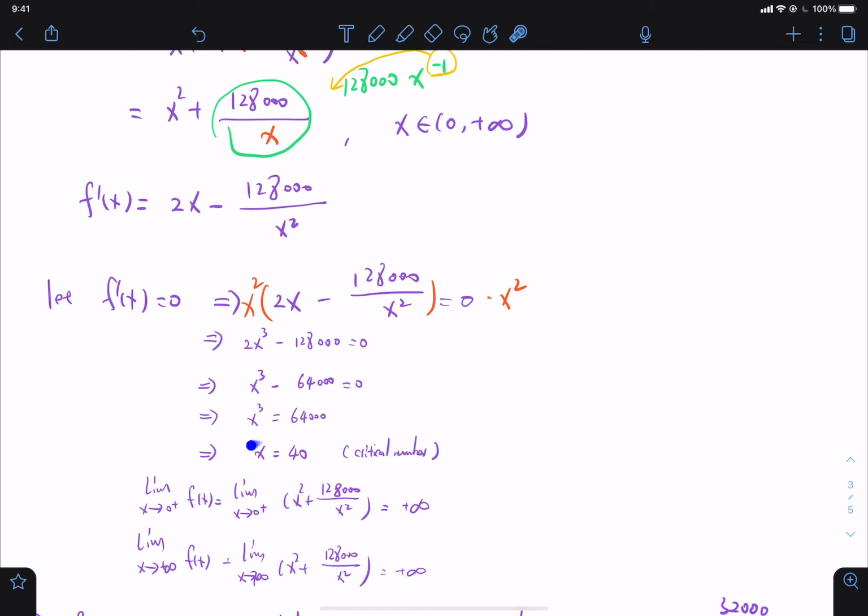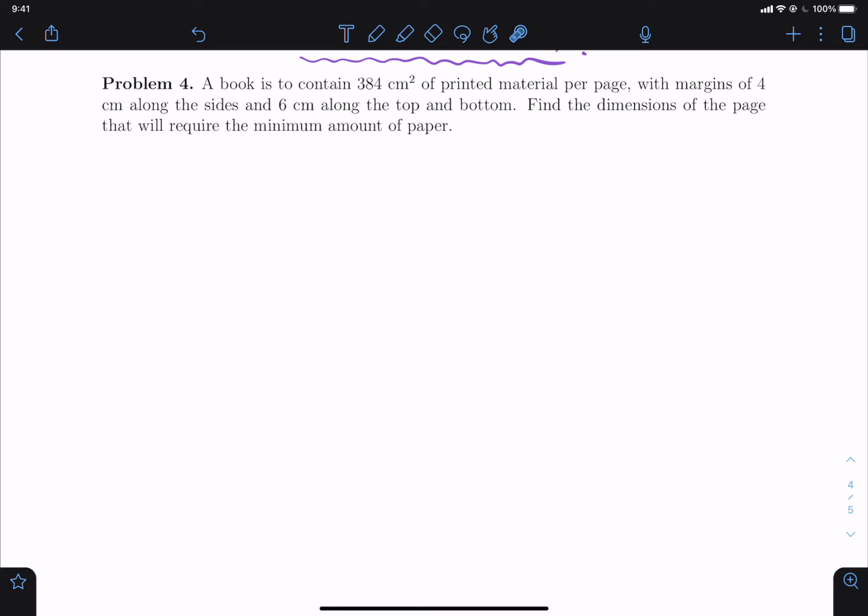Now question 4, we have a book to contain 384 square centimeters of printed material per page, right? And this also needs to have some margins of 4 centimeters along the sides and 6 centimeters along the top. So what does that mean?